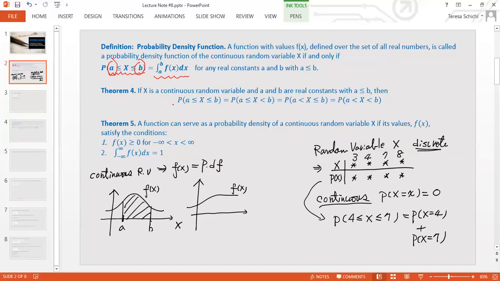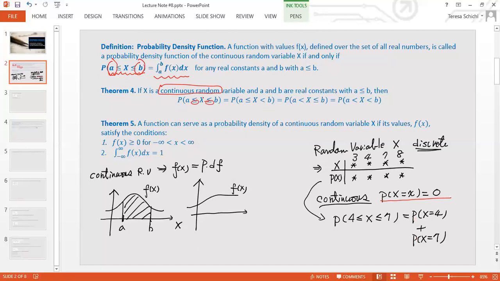They tell you that if x is a continuous random variable, just like we mentioned, the probability of this random variable being equal to any specific value is 0. So if you say x greater than or equal to A and less than or equal to B, it doesn't matter whether you have the equal sign or not.